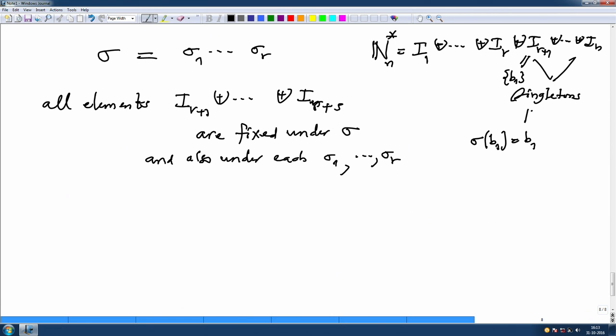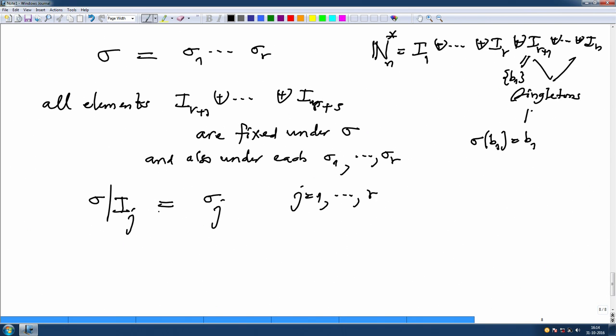And for the remaining set, I only have to check that sigma restricted to Ij is the same as sigma j restricted to Ij for every j from 1 to R. But that is also clear, because on Ij, on this right hand side, only sigma j is moving, and the other cycles are keeping it fixed.